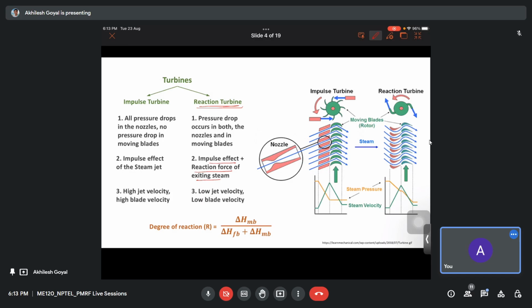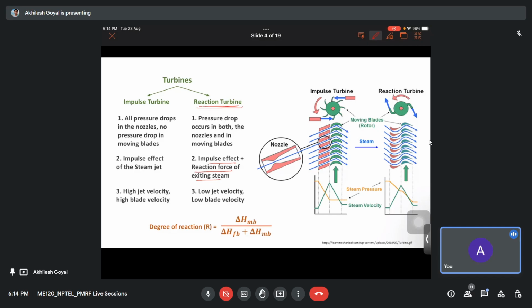Okay, and in the case of an impulse turbine, as the whole pressure is dropped in the nozzle itself, the jet velocity coming out of the nozzle is extremely high, as well as the blade velocity.